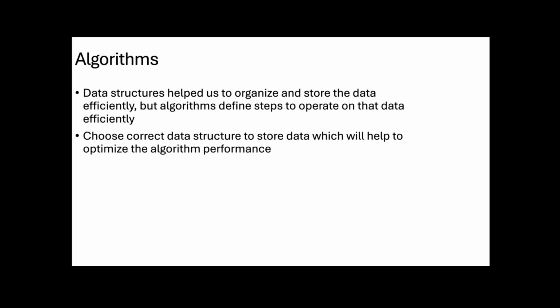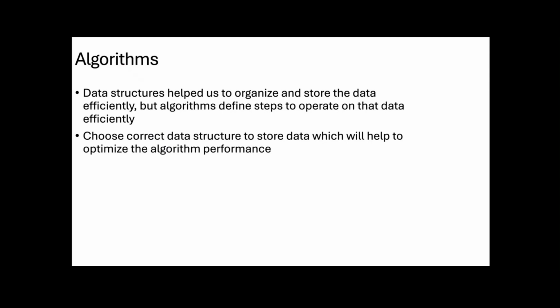These algorithms define that set of instructions. But for algorithms to work efficiently, algorithms and data structures go hand in hand. So you need to choose the correct data structure to store the data.